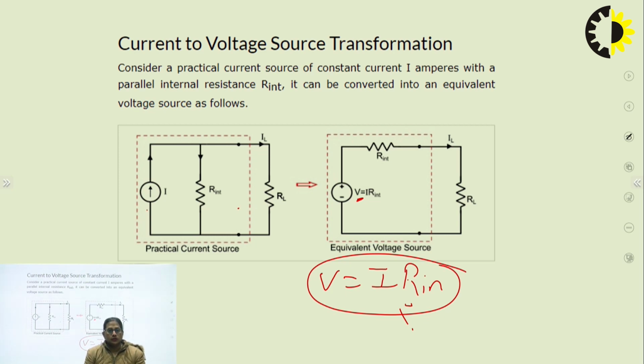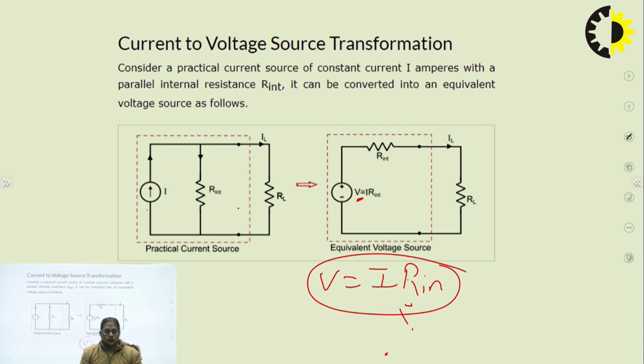What are the conditions? The very first condition is it should have a resistance in immediate series to it, right? Then only it can be transformed. And the value of the current is equal to V upon R, the resistance connected in series.